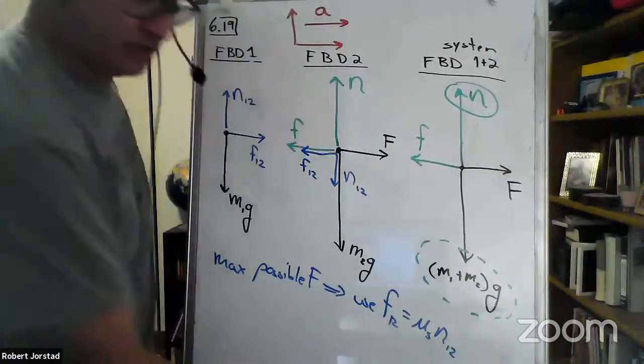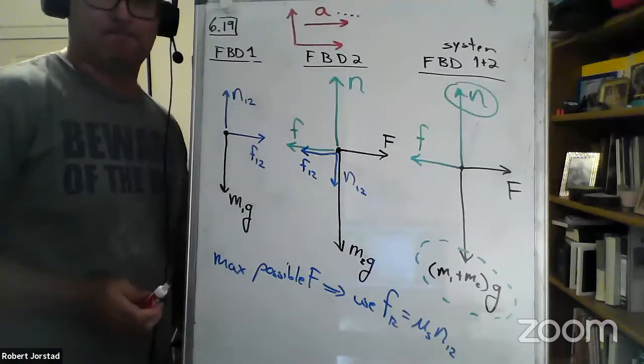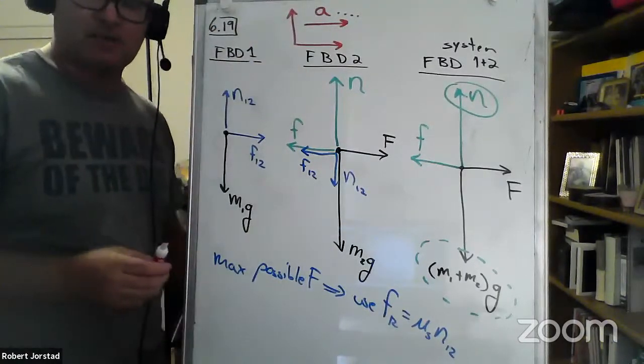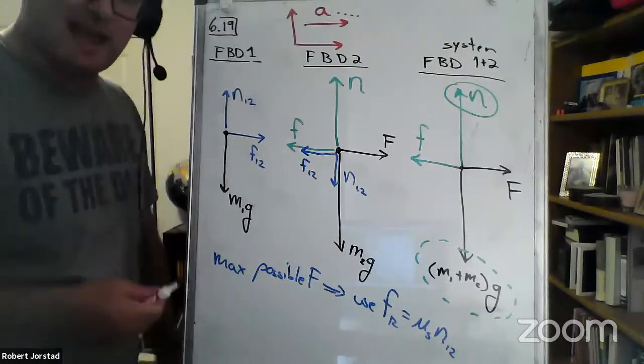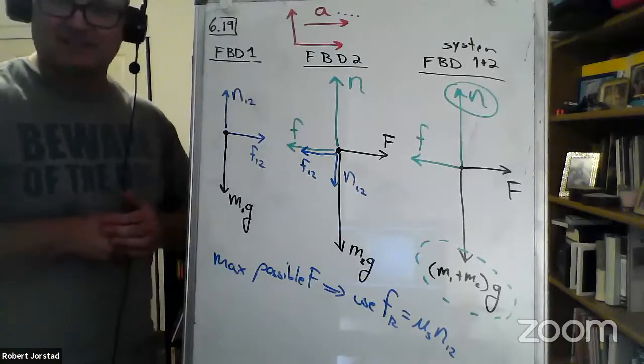Something else must change as well. Would it be the acceleration? Absolutely. This is not going to be the same number anymore. It's still going to accelerate to the right, but it should be a bigger number than what we just had, right? Otherwise, that would have slipped.